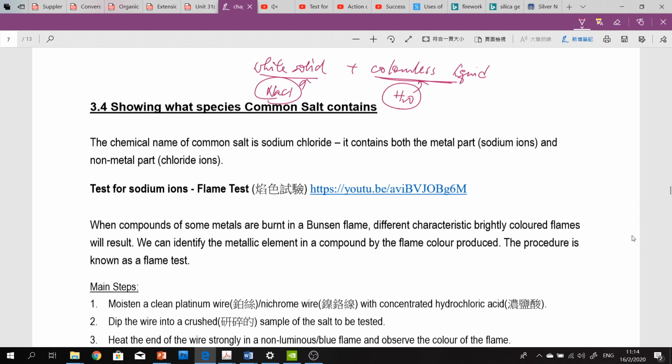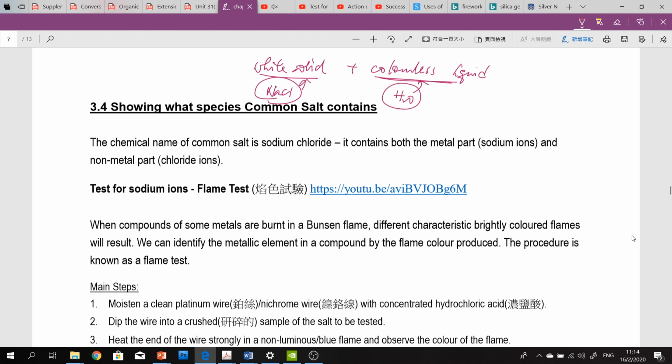This is our topic today, and the second half of this video will talk about some other chemical methods to further extract useful materials from seawater. So let's start.